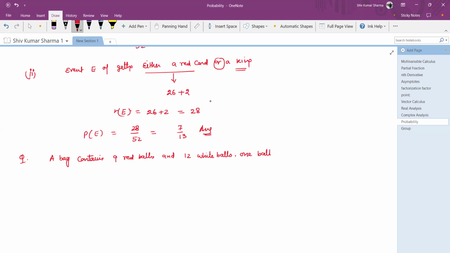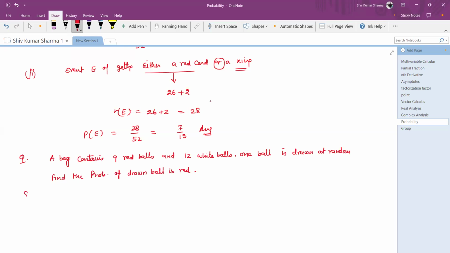One ball is drawn at random. Find the probability that the drawn ball is red.